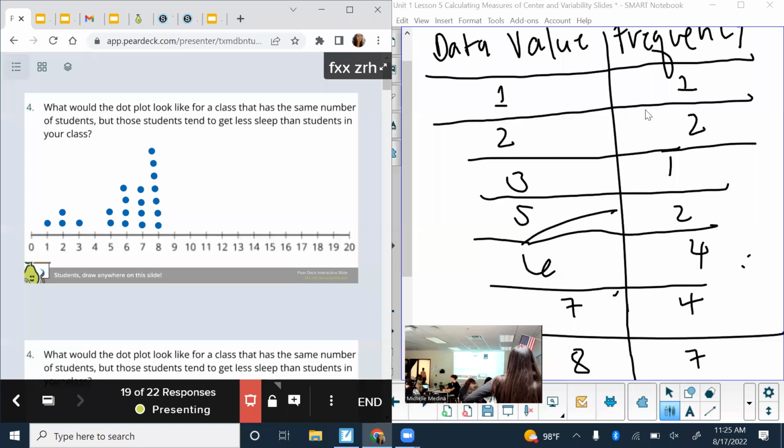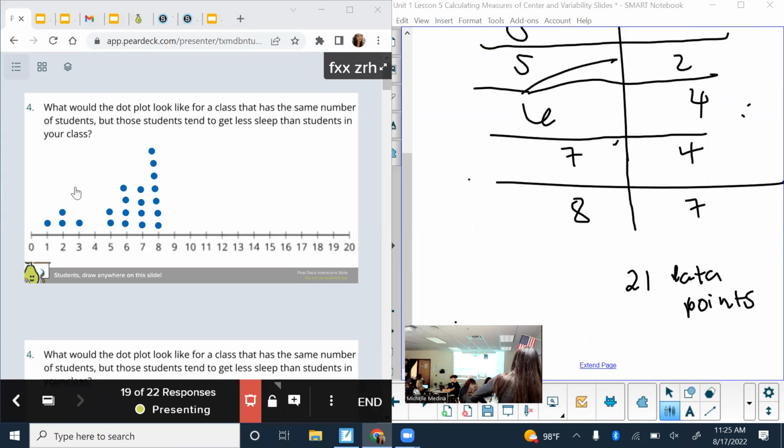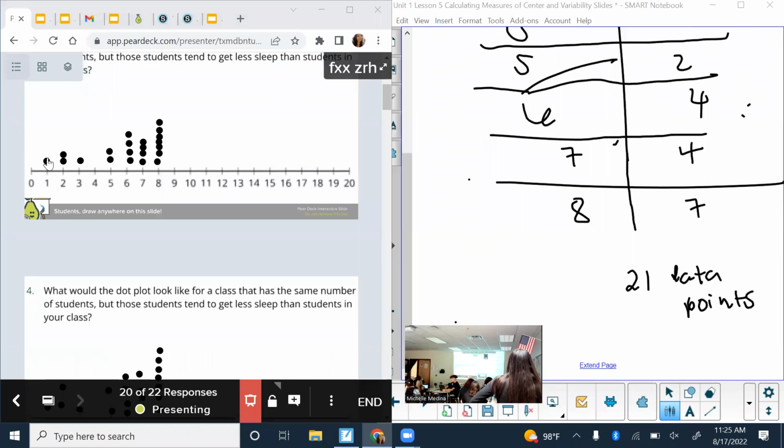On this dot plot specifically, we had 21 data points. So if I count every single one, 4, 5, 6, 7, 8, 9, 10, 11, 12, 13, 14, 15, 16, 17, 18, 19, 20, 21, there should be 21. If there's duplicates of the same number, make sure that you stack them up.